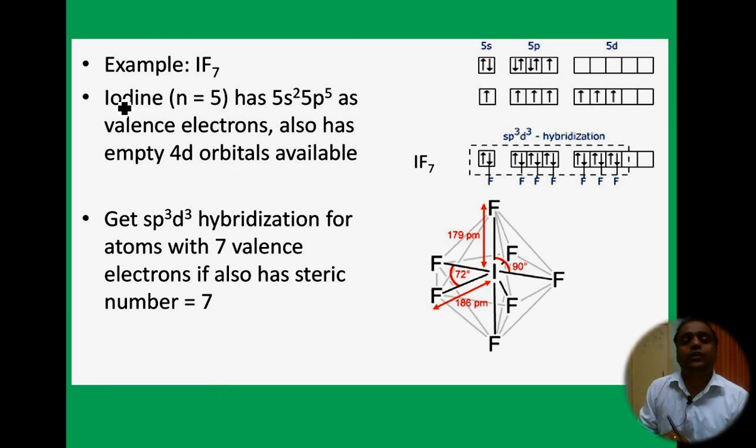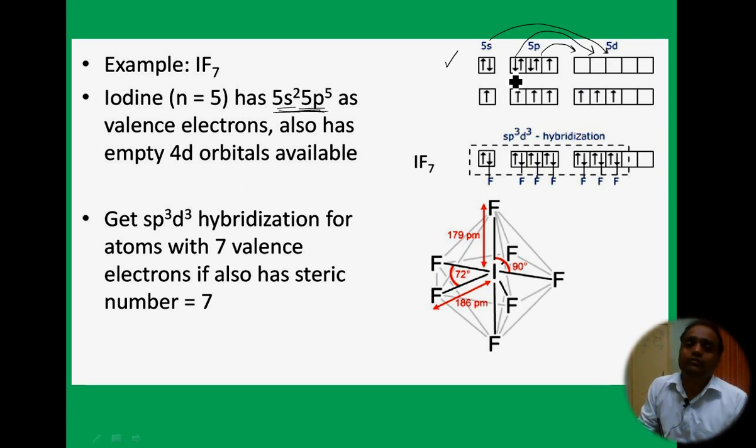So let's see the electronic configuration. For example, iodine has 5s2 5p5 orbitals. So this is the ground state, 5s2 5p5. Now these 3 electrons will migrate to the 5d orbitals.